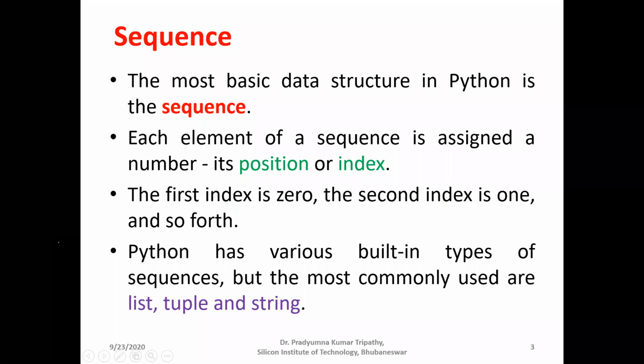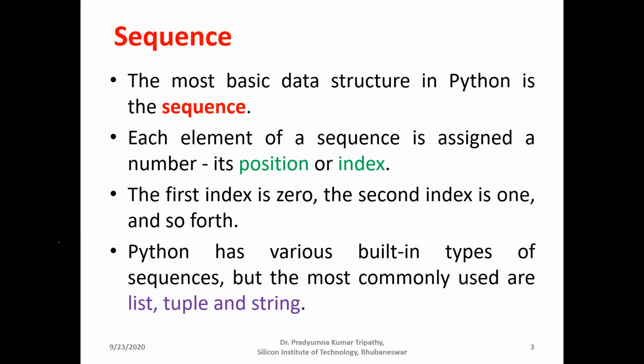So first we'll go for what is a sequence. Sequences we have already gone through. The most basic data structure in Python is the sequence. We generally work with sequences. Range is a sequence, a range function that you use, right, to generate a sequence. String is a sequence of characters.